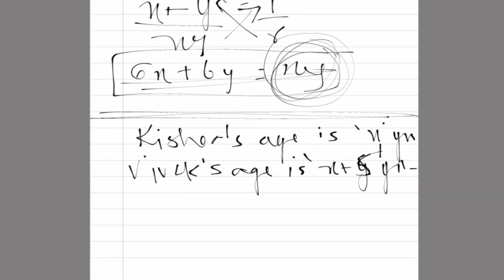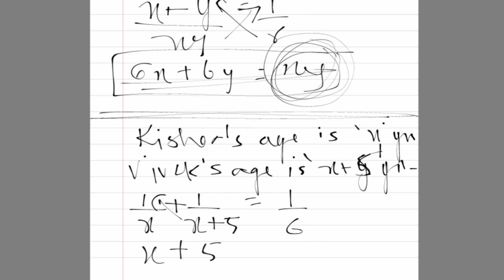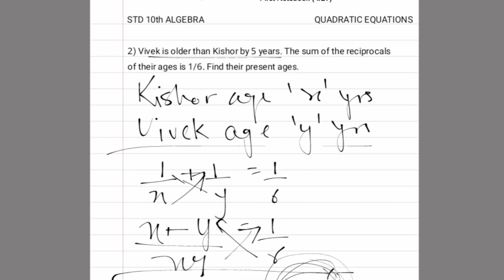Now the second condition they have given is that the sum of the reciprocals is 1/6. Same thing we have to do: take the LCM, then cross multiply the overall thing, right? So what we get is (x plus 5 plus x) upon x into (x plus 5) is equal to 1 by 6.